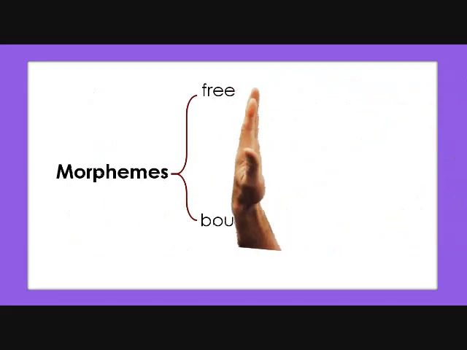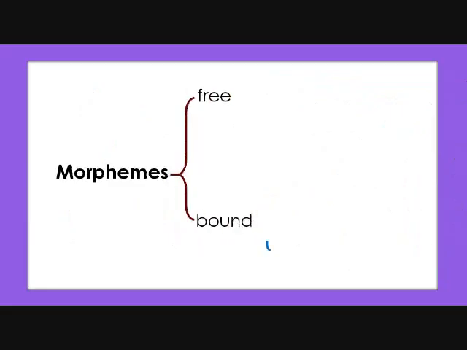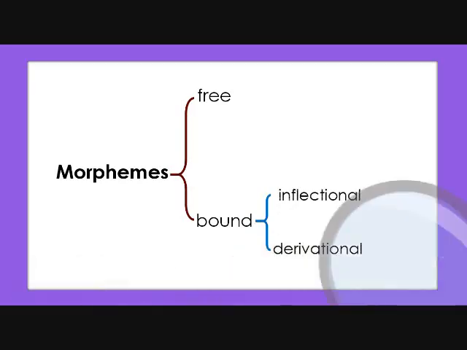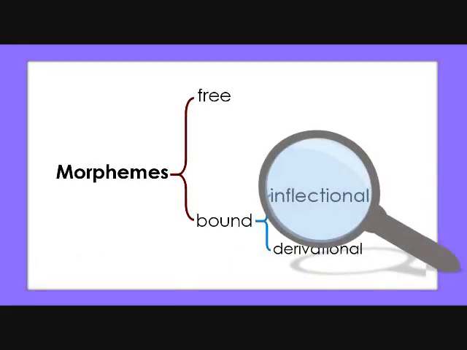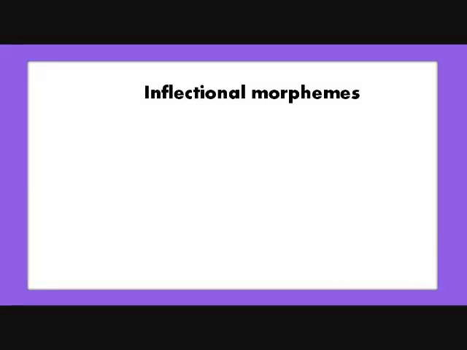Bound morphemes are classified into 2 subcategories, inflectional morphemes and derivational morphemes. Inflectional morphemes are those that when you add them to a word, they don't change the meaning and or the word class. For example, the morpheme S. It may seem a simple letter, but no, it is also a morpheme that when you add it to a word, it can change the word from singular to plural.